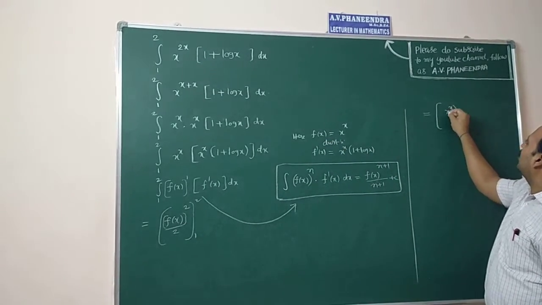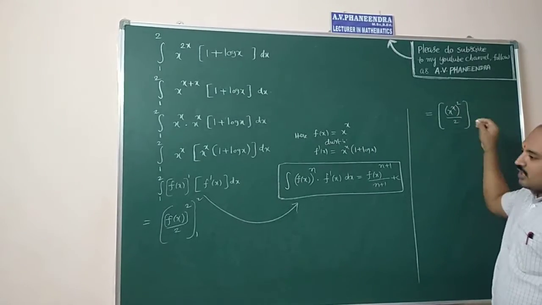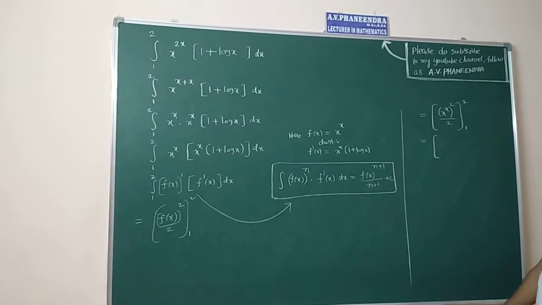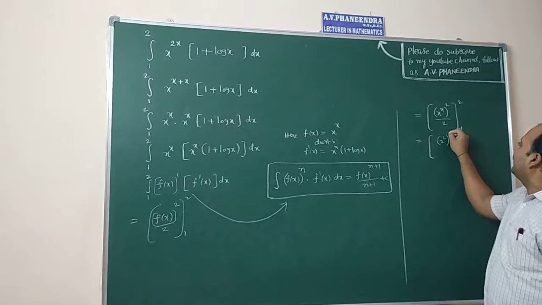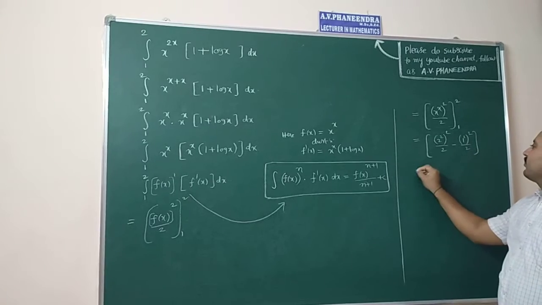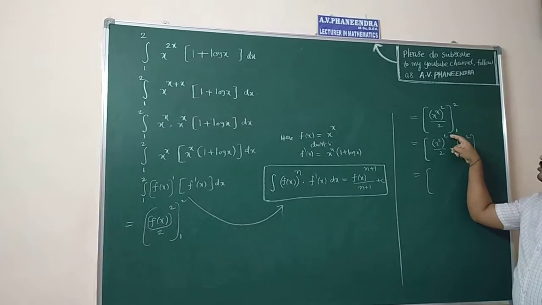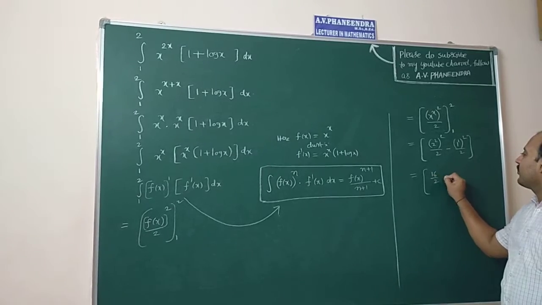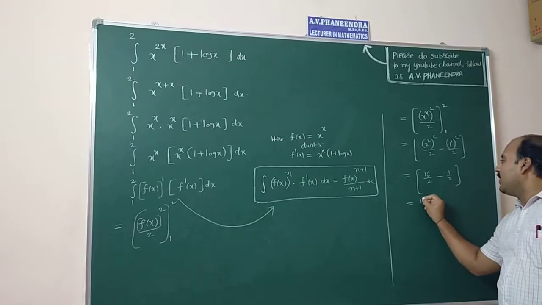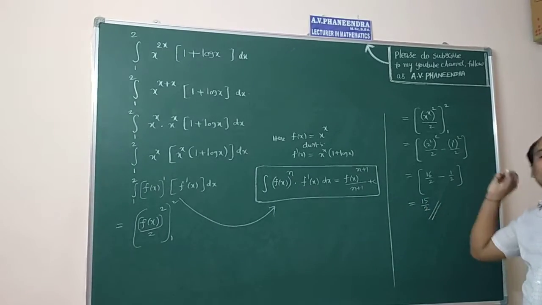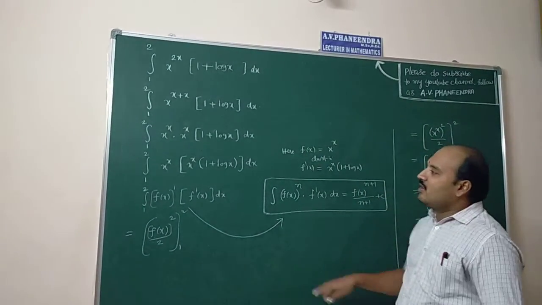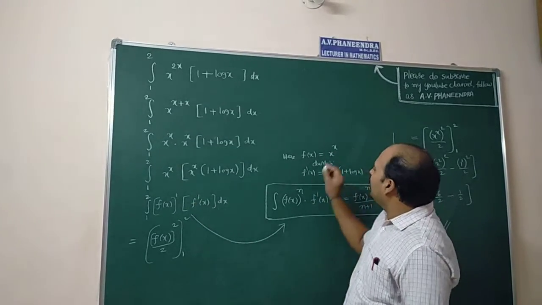So (x power x) whole square by 2, applying the limits 1 to 2, which is equal to, upper limit first substituted in place of x, (2 power 2) whole square by 2 minus (1 power 1) whole square divided by 2. 2 square means 4, 4 square means 16, 16 by 2, minus 1 square means 1, 1 by 2. 16 by 2 minus 1 by 2 is 15 by 2. This is the answer.